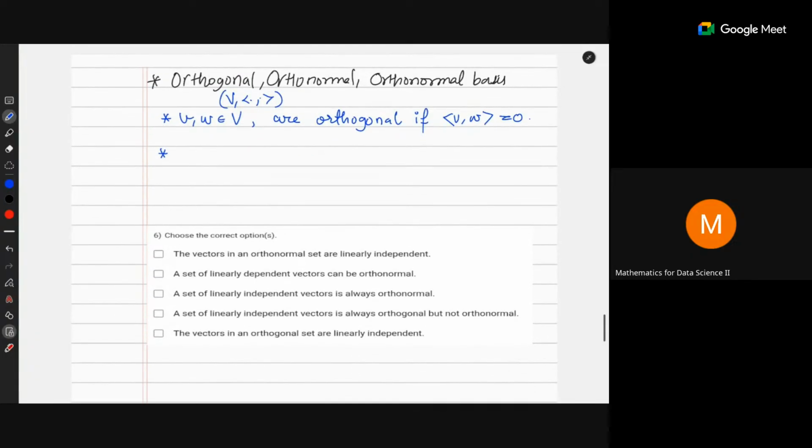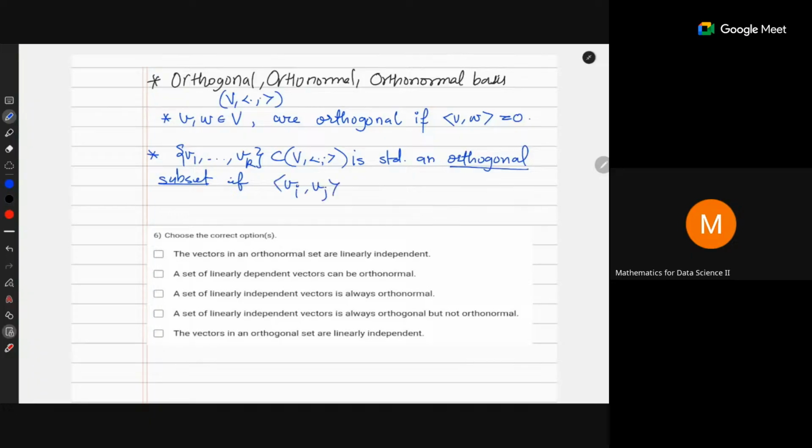All right. Now, a collection of vectors v1 up to vk in your inner product space is said to be an orthogonal subset if the inner product of vi and vj is 0 for all i not equal to j, varying between 1 to k.